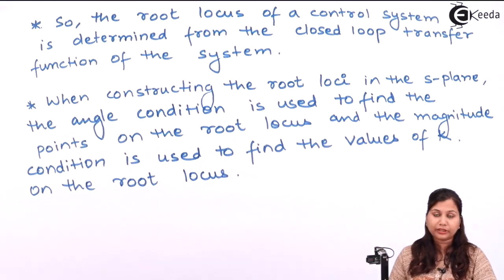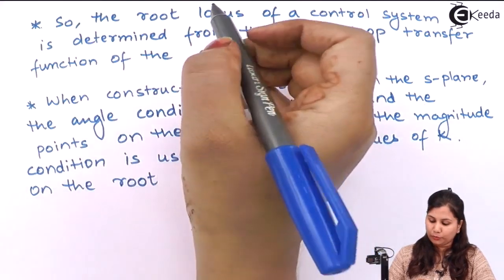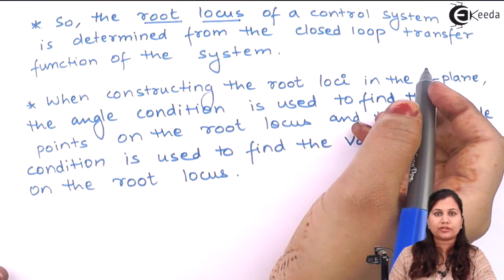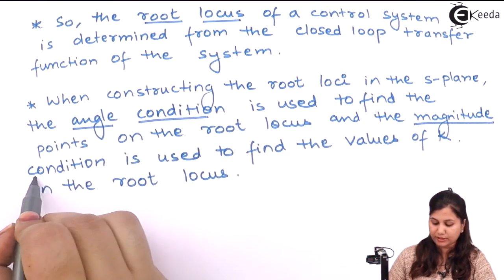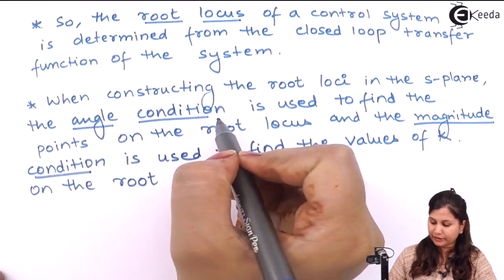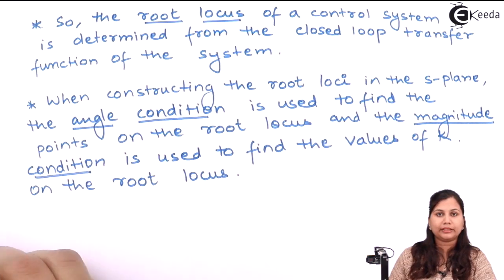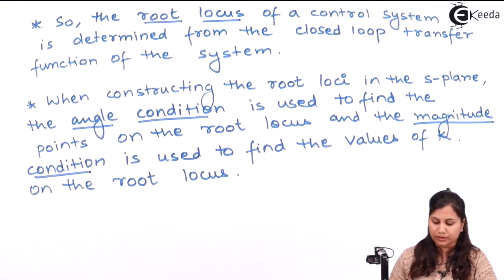Okay, so what we are doing is using the closed loop transfer function of the system to plot the root locus, and from that closed loop transfer function we are deriving the angle condition and the magnitude condition. We will use the angle condition to find the points on the root locus, and we will use the magnitude condition to find the values of k on the root locus.